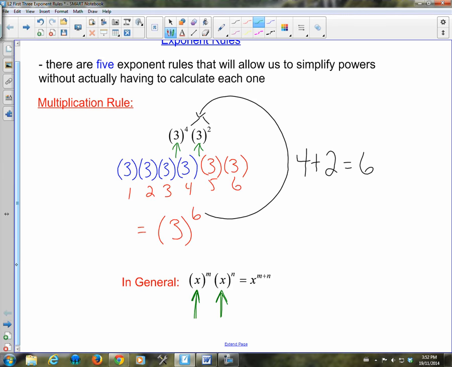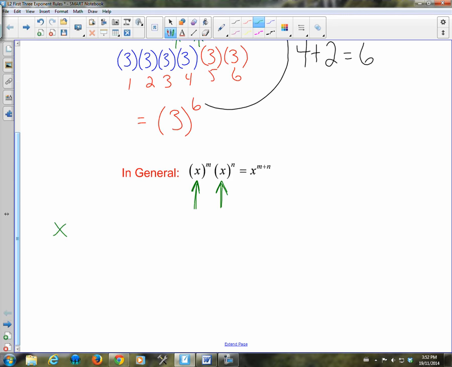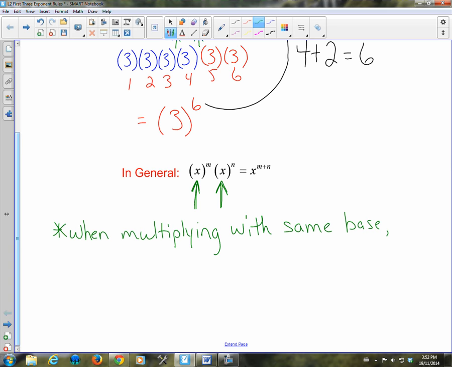Multiplication rule, when multiplying with the same base, keep the base and add the exponents.